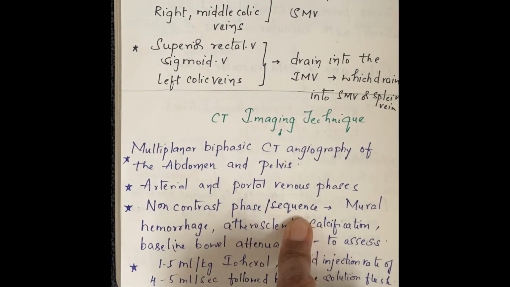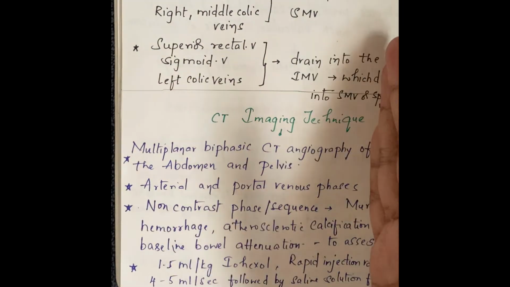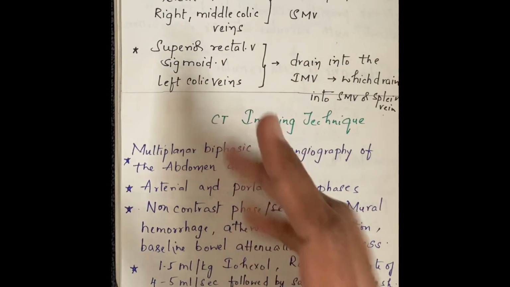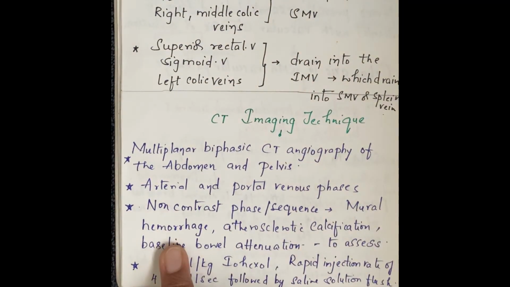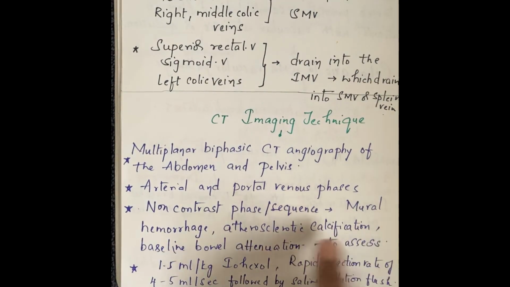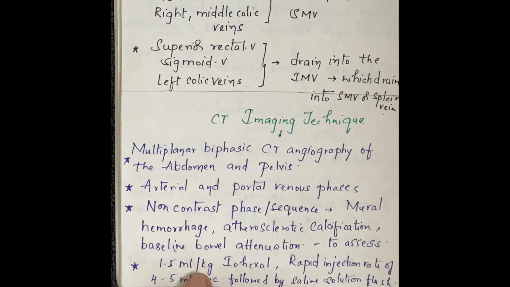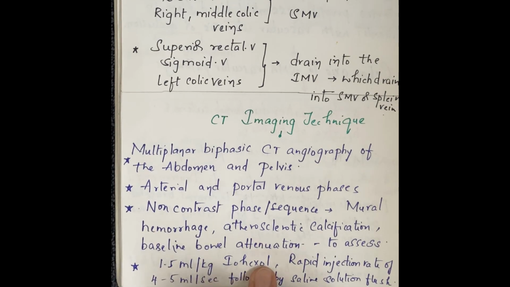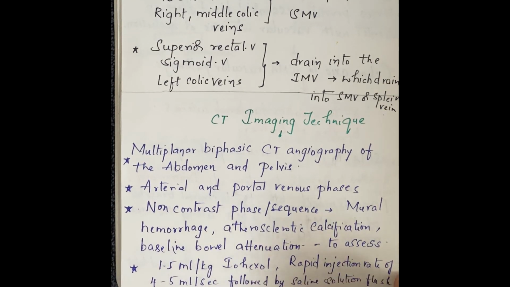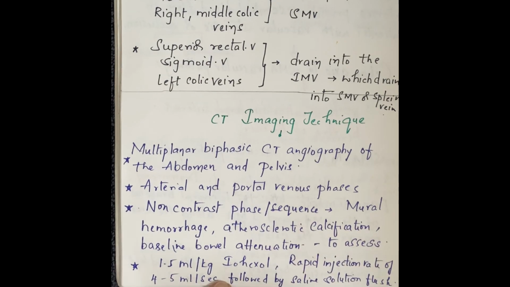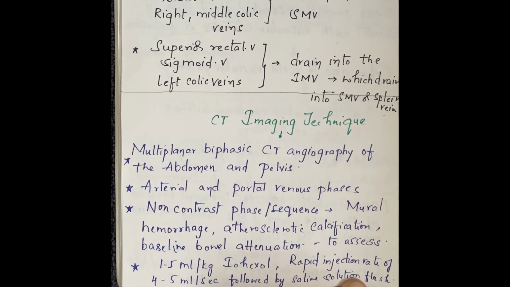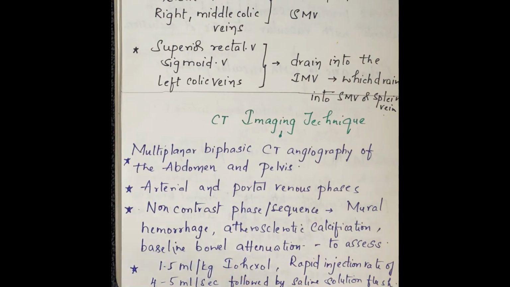First you should take a non-contrast phase, then arterial and venous phases. In non-contrast you can see mural hemorrhage, atherosclerotic calcification and baseline bowel attenuation. Normally 1.5 ml per kg of iohexol is given, with a rapid injection rate of 4 to 5 ml per second followed by a saline flush. This is the normal protocol.